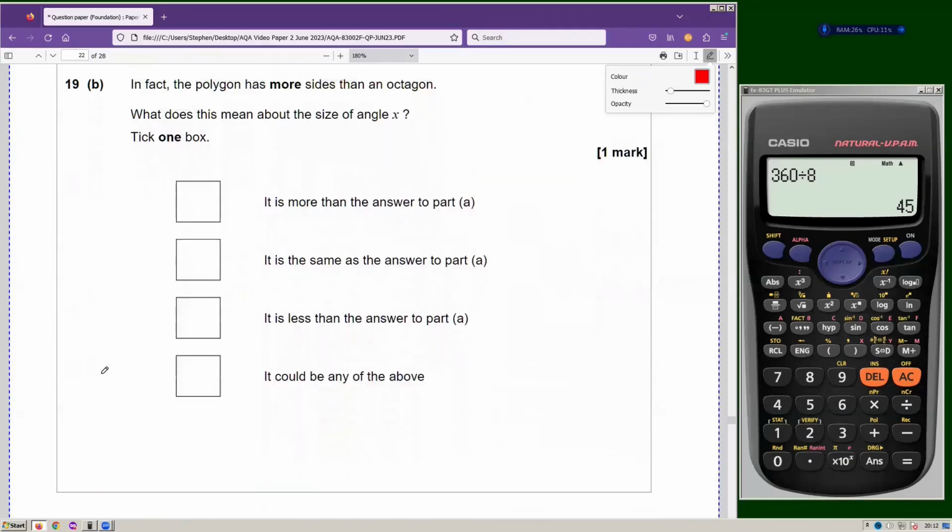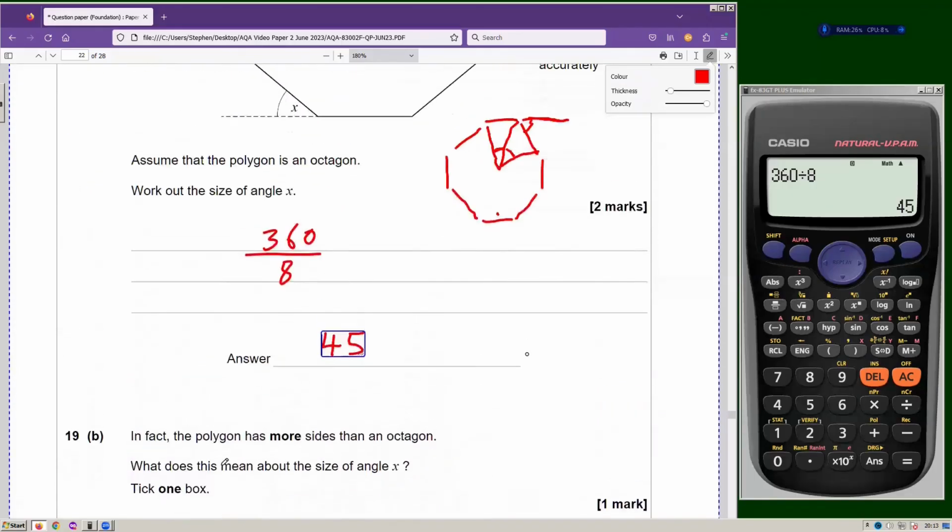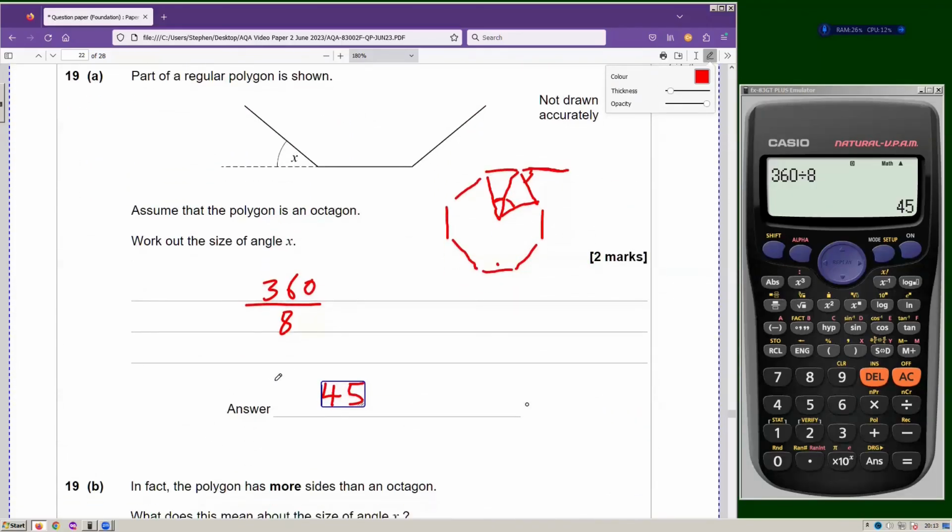In fact, the polygon has more sides than an octagon. What does this mean about the size of angle X? Tick one box. If you think about it, the more sides they have, the smaller this angle gets.